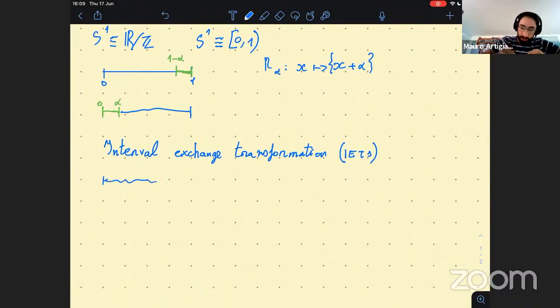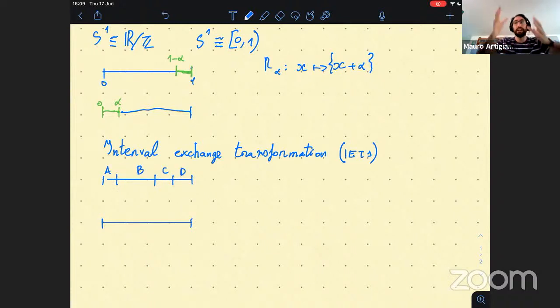You pick your interval, and then I divide it into 4 pieces, something like this, maybe A, B, C, D. Then I rearrange them by a translation, so that after translating them, I still get a partition of the interval. I do not allow translations that would overlap the image interval.